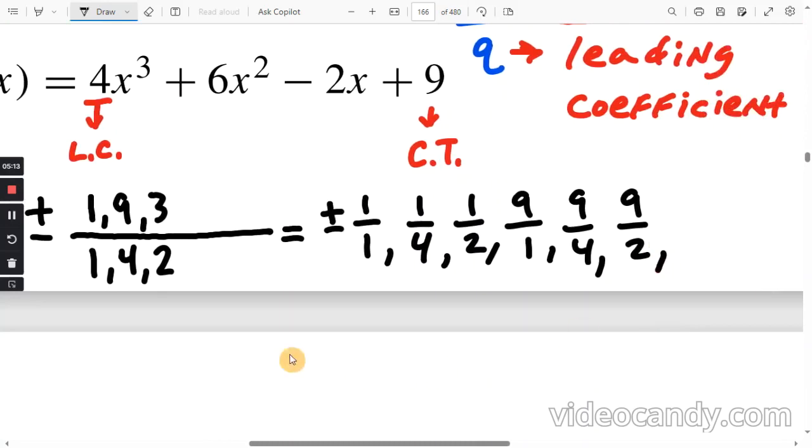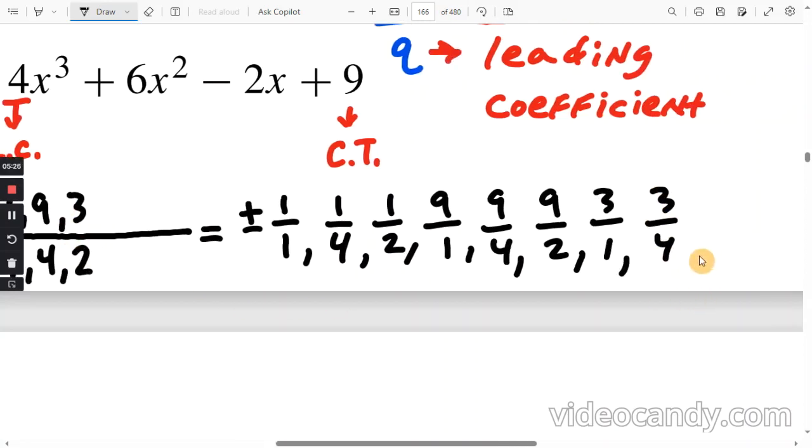All right, and finally for the 3, we have 3 over 1, we have 3 over 4, and we have 3 over 2. All right, so all of these terms, plus minus, are potential zeros. These are not all of the zeros. These are possible zeros.